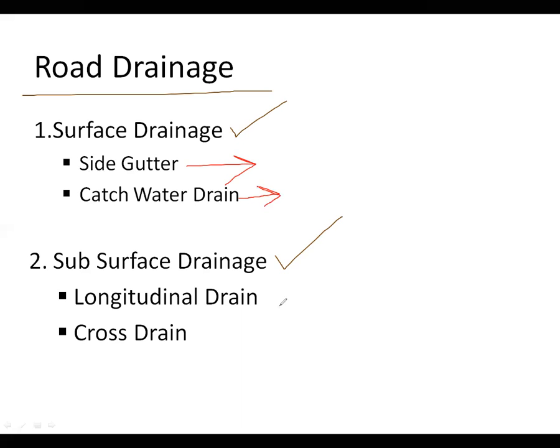In the subsurface drainage system, there are two types of collecting or draining water: the longitudinal drain and the cross drain. All the drainage systems are for protecting the road surface, so that the rainwater will not cause any harm to it.